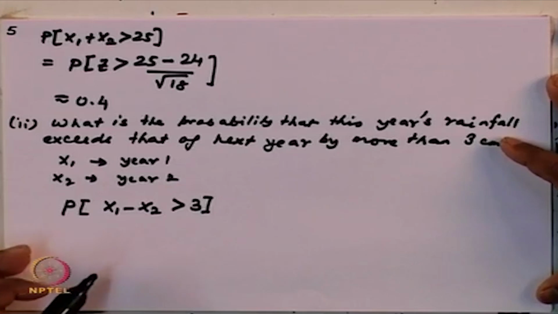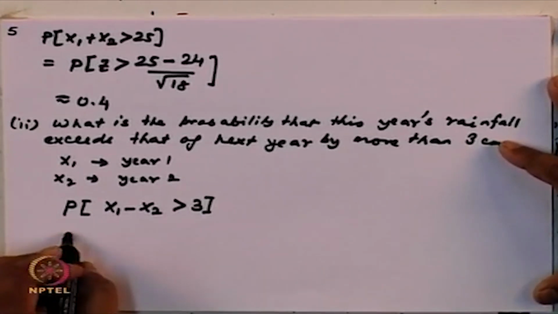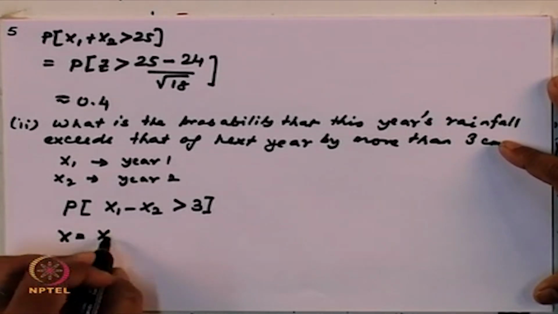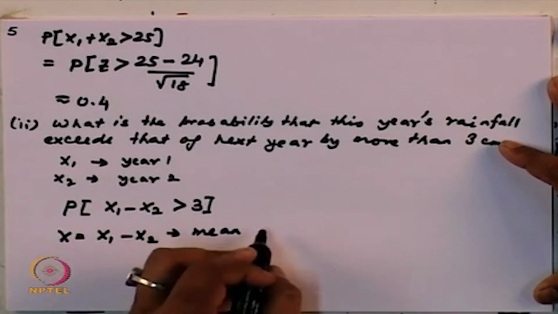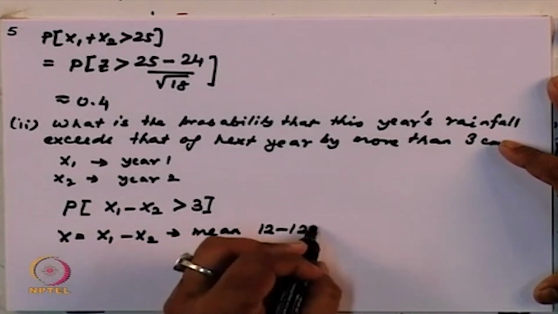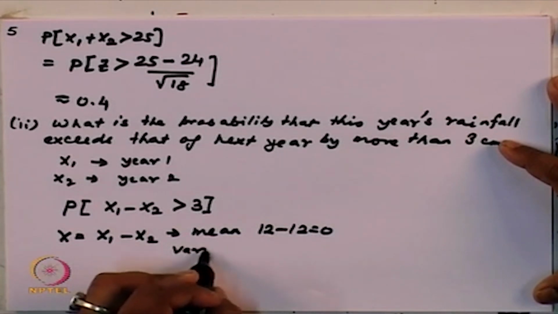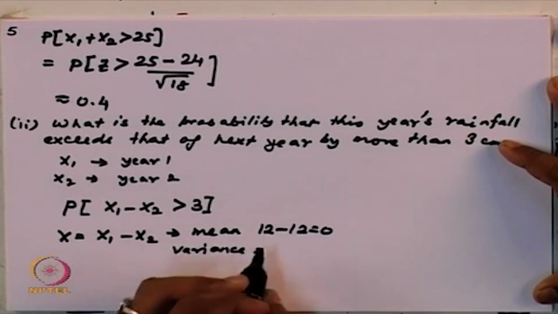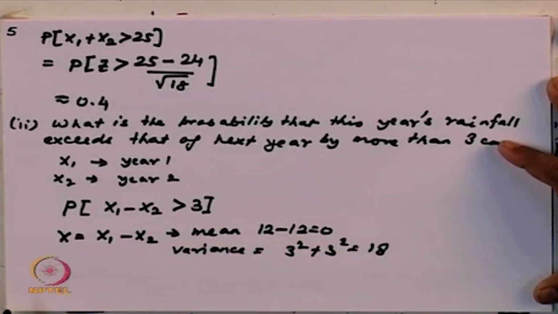Once again we can use the previous theory and say that the random variable x equal to x1 minus x2 will have a mean of 12 minus 12, which is equal to 0, and a variance of 3 square plus 3 square equal to 18.